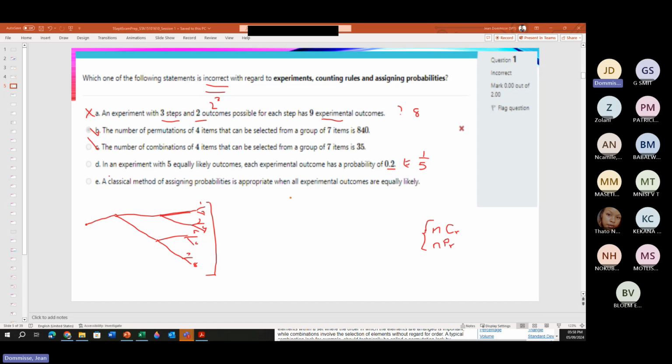And then the last one: the classical method of assigning probabilities is appropriate when all experimental outcomes are equally likely. Okay, which is also true.